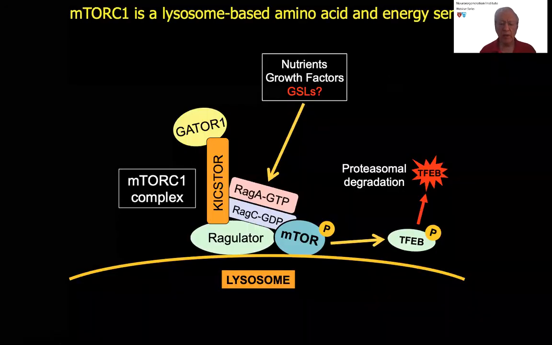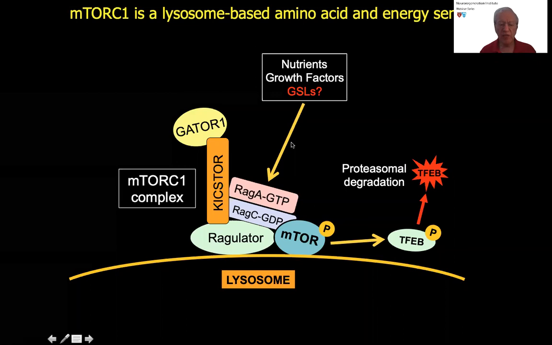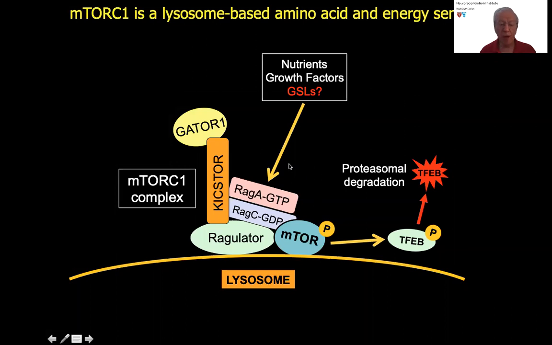So we are going to focus on this complex, the mTOR-C1 complex. mTOR kinase is regulated by many proteins. There are about 30 proteins in this mTOR-C1 complex. And it is a major regulator of anabolism and catabolism.